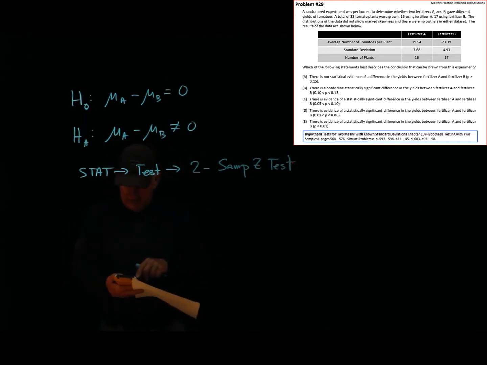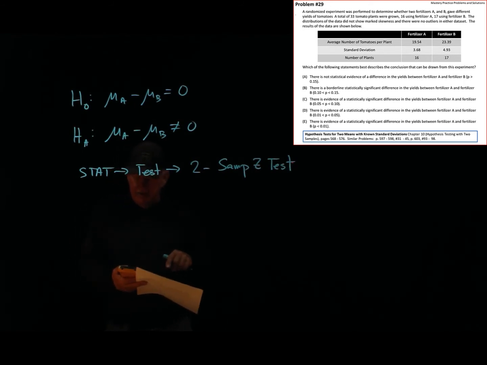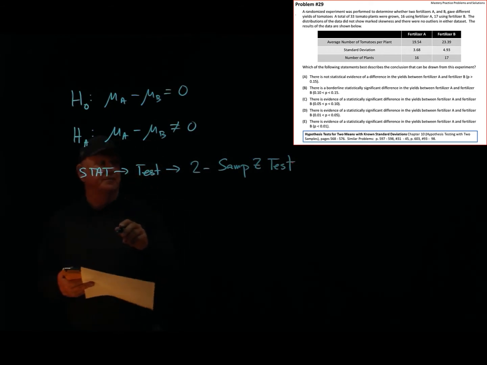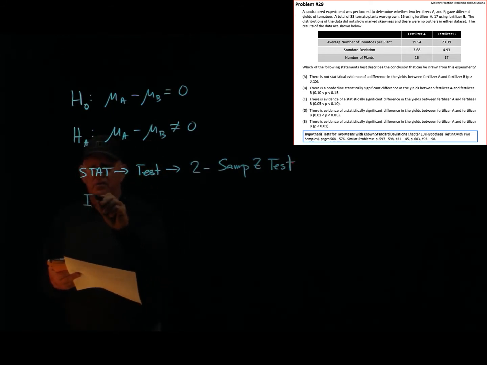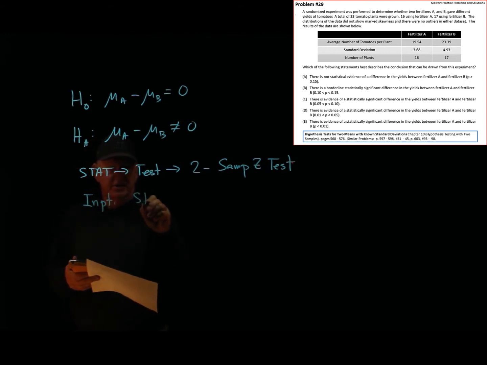And when I go to that, let me show you what the input is expressly, since I figured out how to do it. I'm going to go stat, tests, down to two sample z-test. And here's what it wants to know. It wants to know what's the input. And the answer is stats.